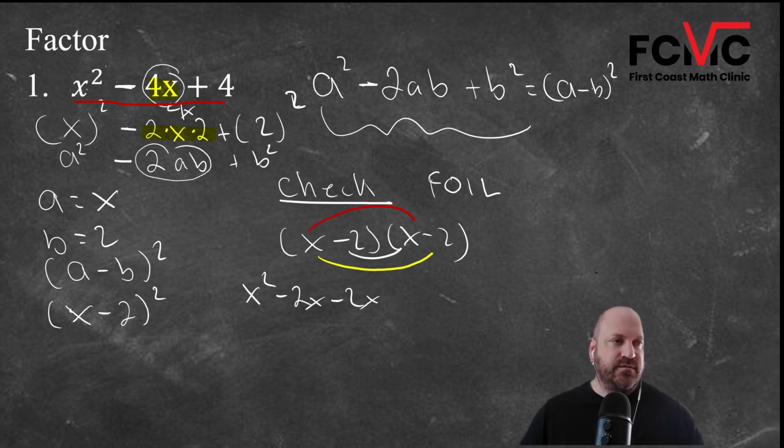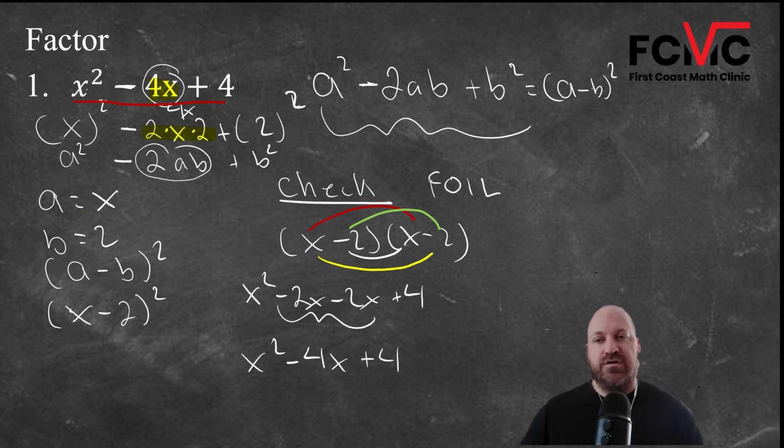And then negative 2 times negative 2 is positive 4. When we combine these middle terms, we get x squared minus 4x plus 4, which matches that original trinomial that we had, right? So our answer checks. So our factored answer here is going to be x minus 2 squared. All right, let's get into our second example.